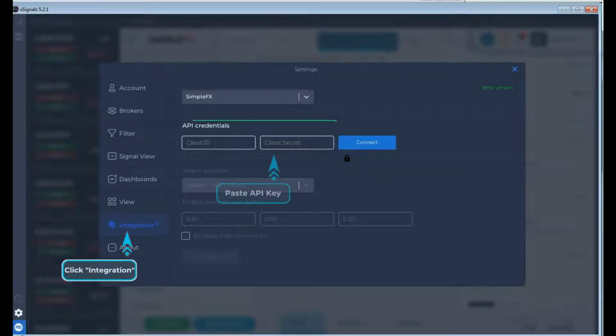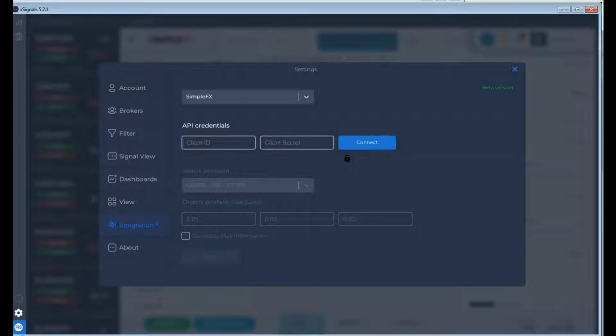The keys are received, go to the xSignals settings. Insert the keys, connect to the broker.